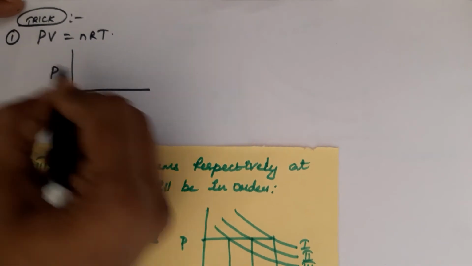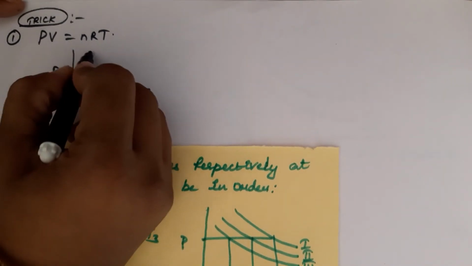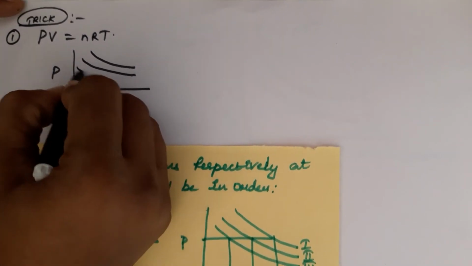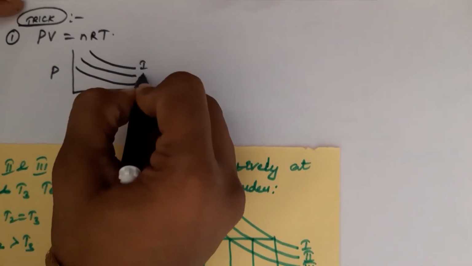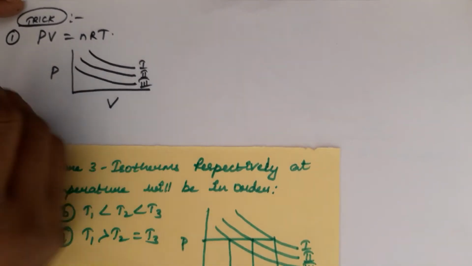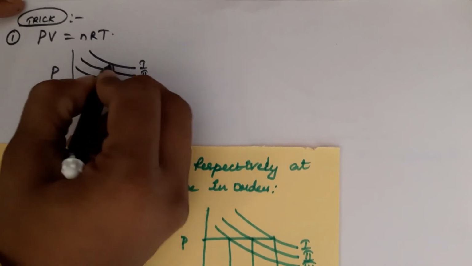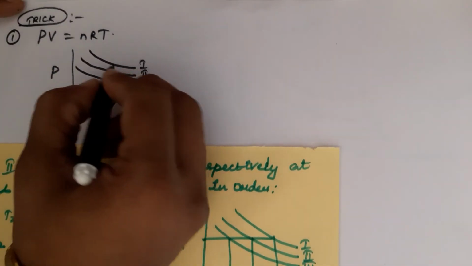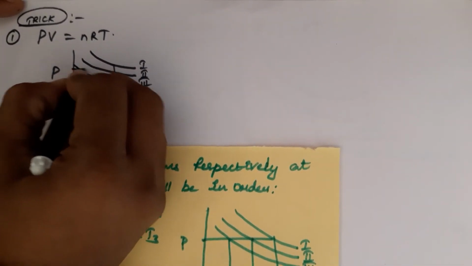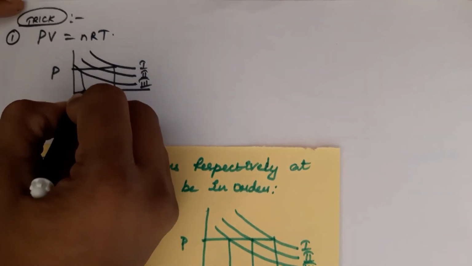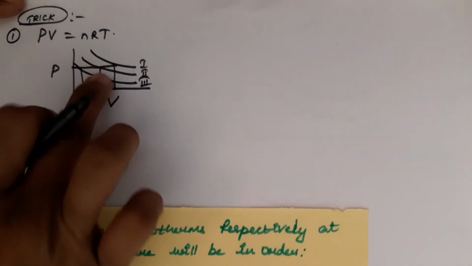P on the y-axis, V on the x-axis, and 3 temperatures are given as 1, 2, 3, and some curves are given like this. This graph only I wrote like this here.